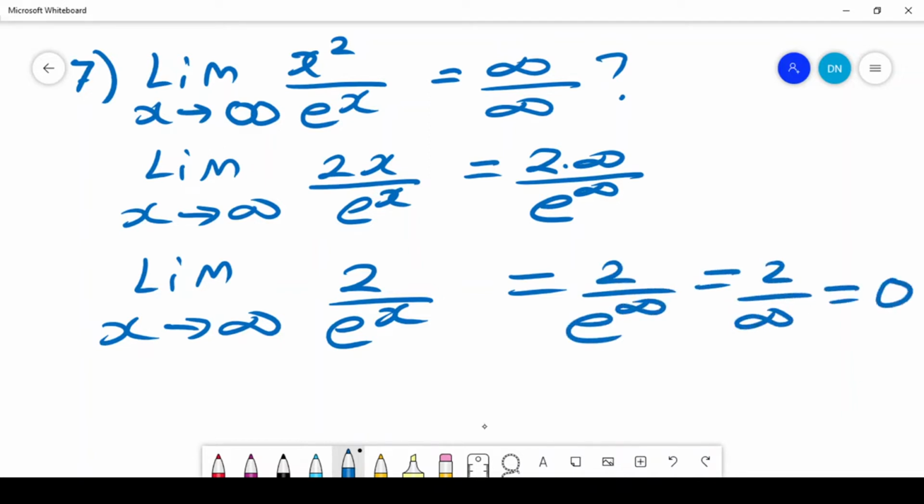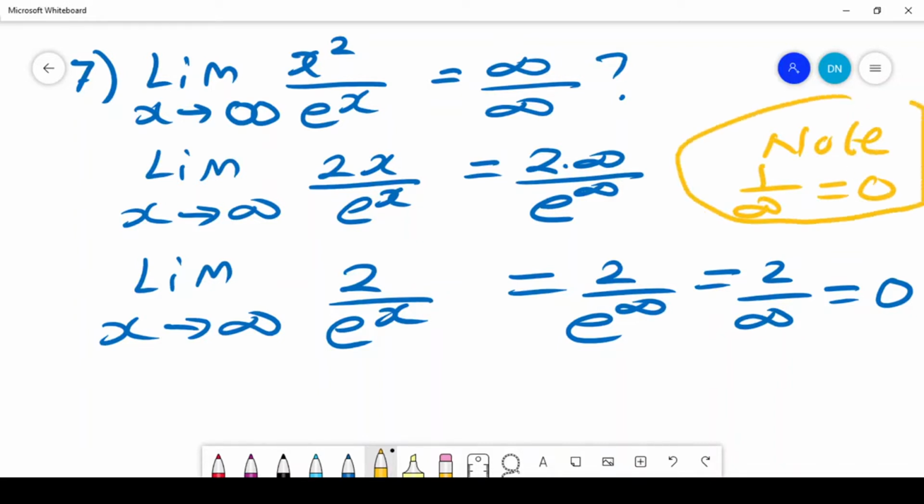Remember that 1 over infinity is equal to 0. So if you keep that in mind, then that would be the answer. You note that we have differentiated this twice for us to get the limit.